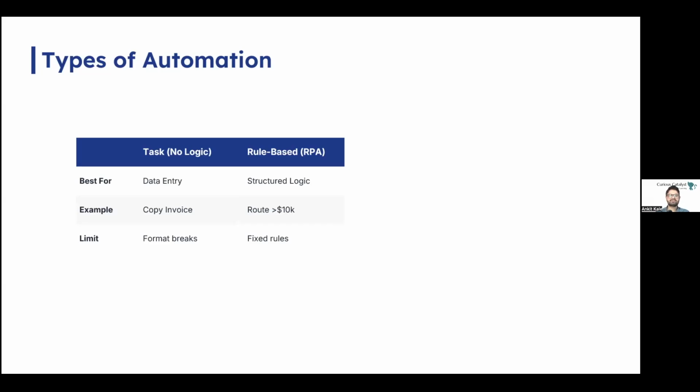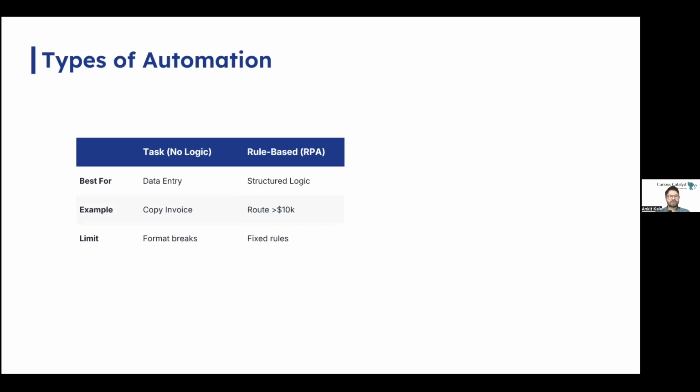It is best for structured workflows where you can define every scenario with a rule. For example, expense report approval routing based on the amount and department. But it also has a limitation. It needs exact conditions defined. The moment you encounter a scenario where your rules do not cover the condition, it breaks or routes it incorrectly.